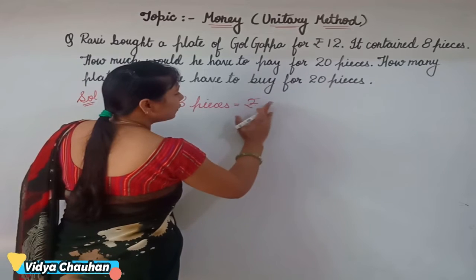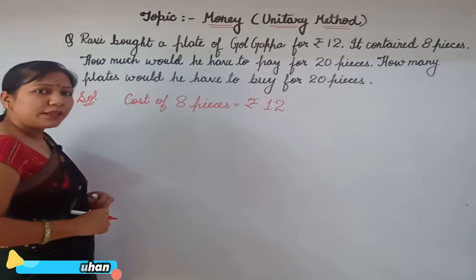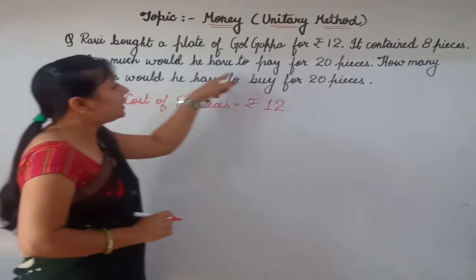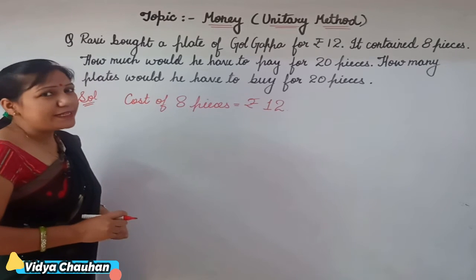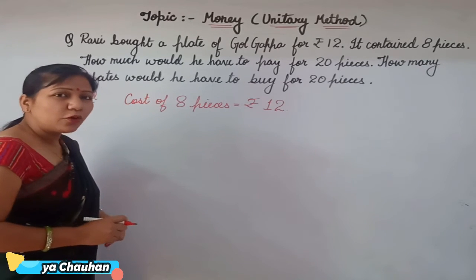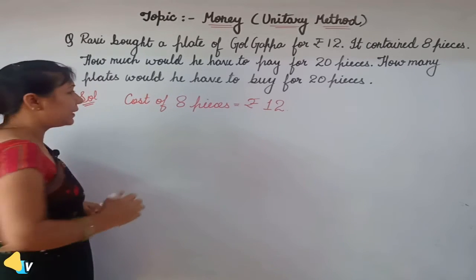So what is the cost of 8 pieces of Golgappa? Rupees 12. Now if Ravi wants to eat total 20 pieces of Golgappa, so very first let us calculate what will be the cost of 1 Golgappa.